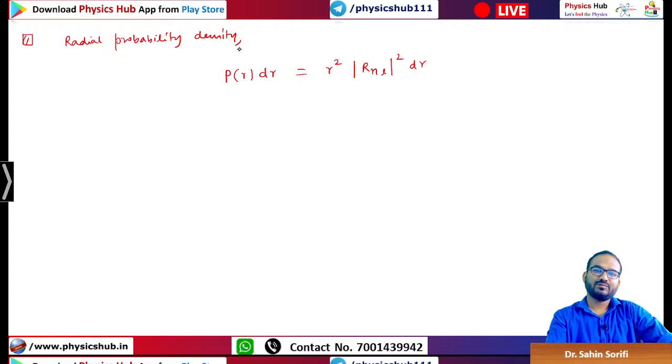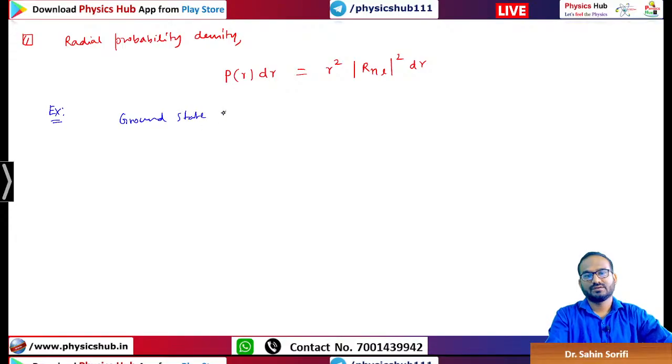Now, radial probability density: if you want to calculate it for the ground state of the hydrogen atom, how will it be? Let's take an example. We know the ground state of the hydrogen atom, psi 1 0 0.